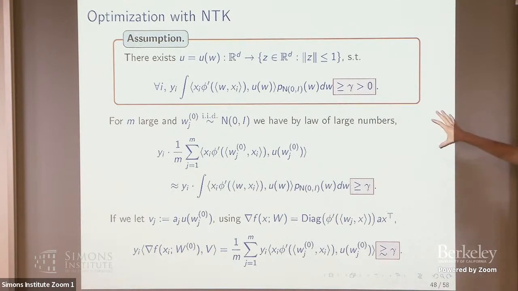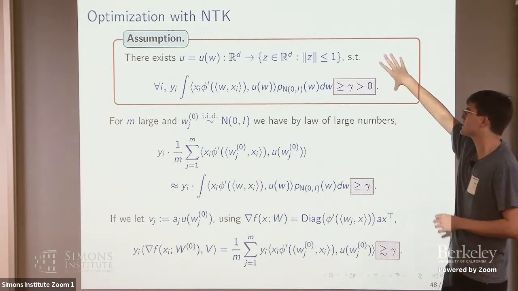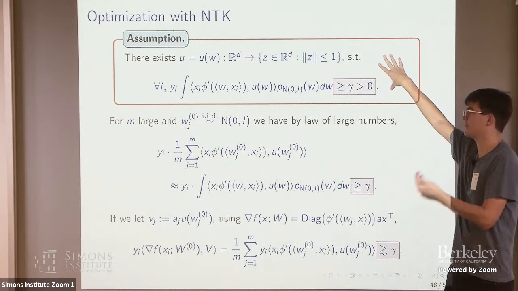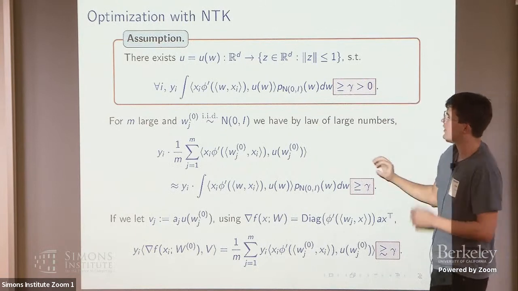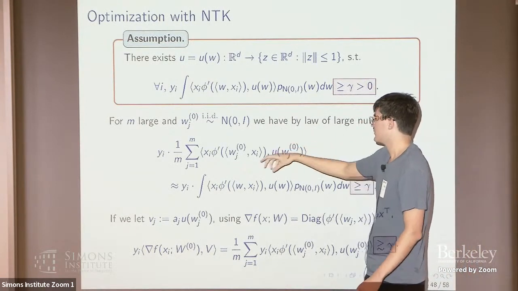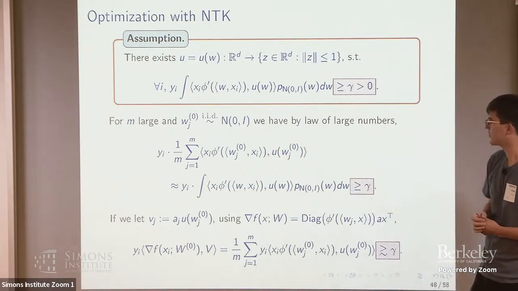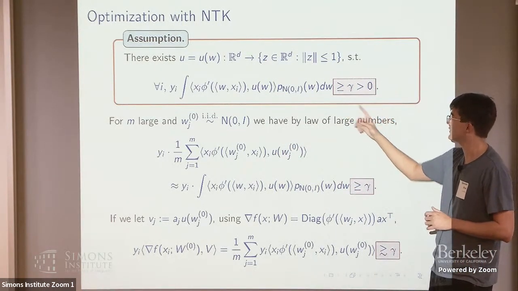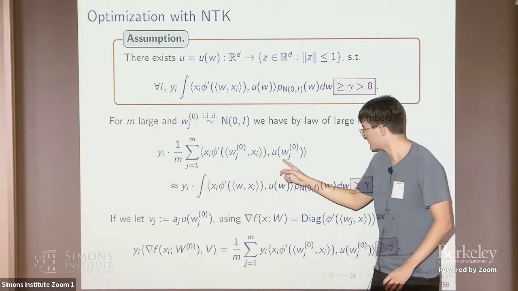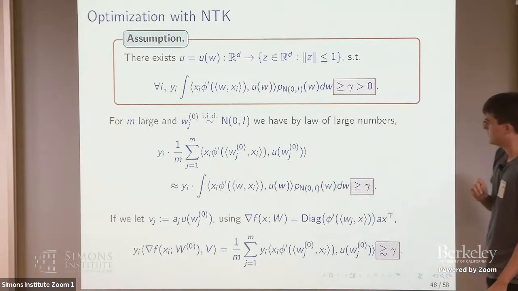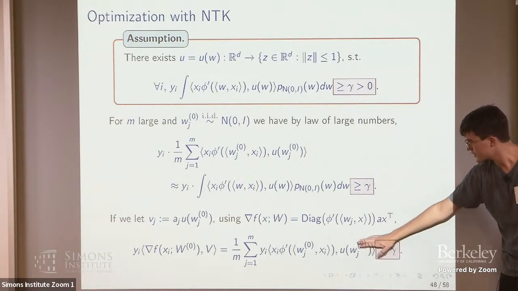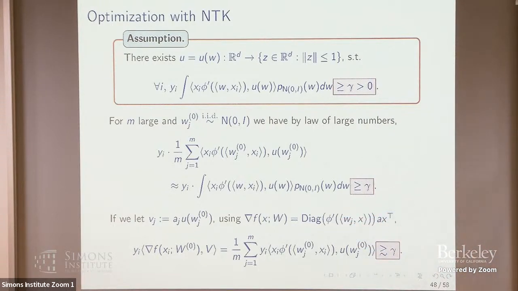We've assumed that there is some infinite width network that can classify the training data at some margin gamma. And we know that at initialization, when M is sufficiently large, we can also classify the data well using these U of wj0. And so we can just construct this matrix V such that this gradient margin quantity is also at least order gamma.